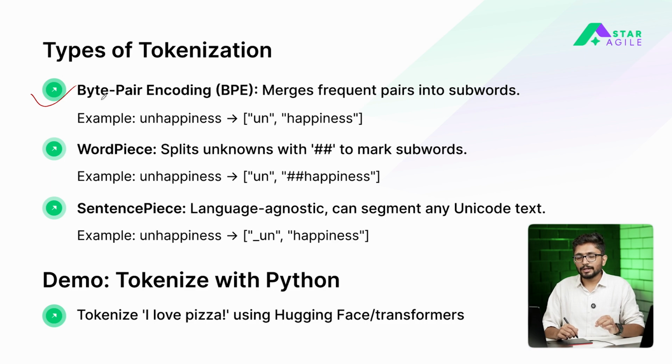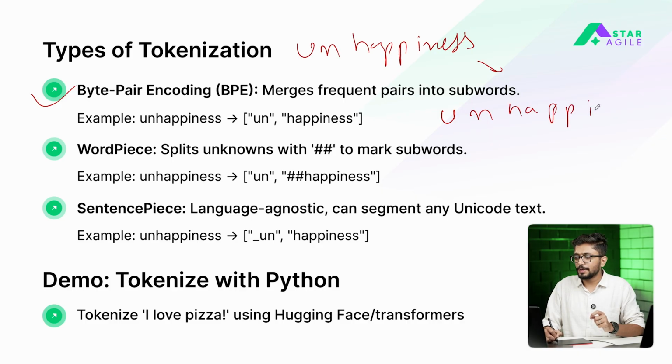Byte pair encoding is a tokenization technique in which the entire sentence will first be broken down into characters. Let's take an example. Let's imagine that there was a particular word called unhappiness, and you want to tokenize it. What it will do is first break it down into its individual characters, which are U, N, H, A, P, P, I, N, E, S, S. These are the individual characters of that entire word.